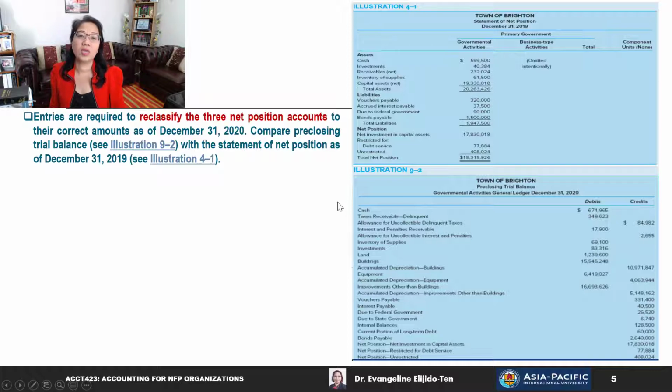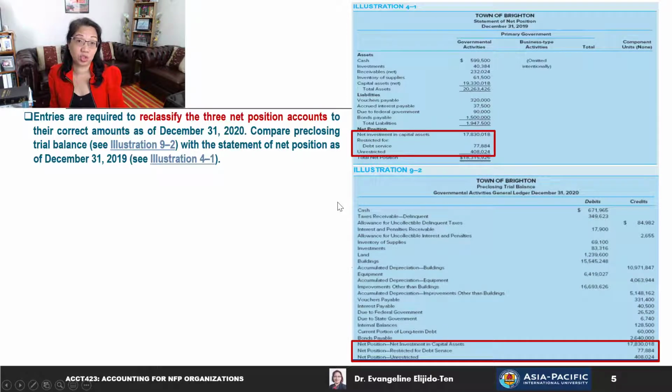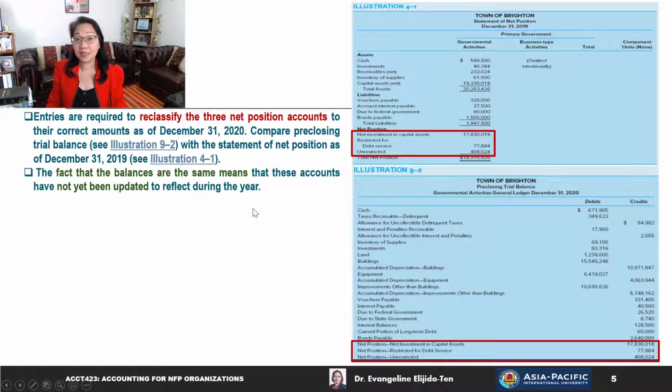So what we're looking at is the net position for both statements, last year's as well as this year's pre-closing trial balance. What you'll notice is that the balances between last year's statement of net position and the pre-closing trial balance are the same. See, net position in capital assets, $17,830,018.